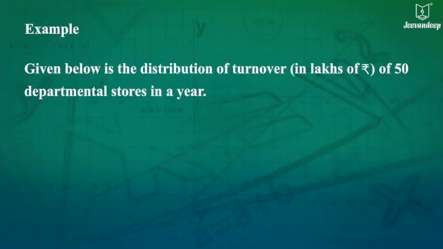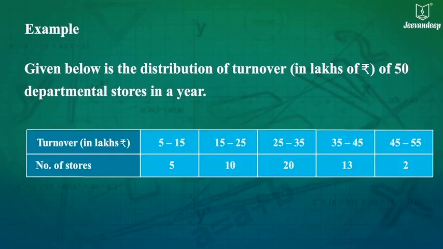Example: given below is the distribution of turnover in lakhs of rupees of 50 departmental stores in a year. Turnover in lakhs of rupees, number of stores. Find mean turnover of a store.